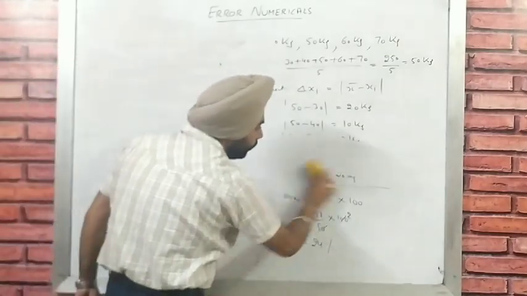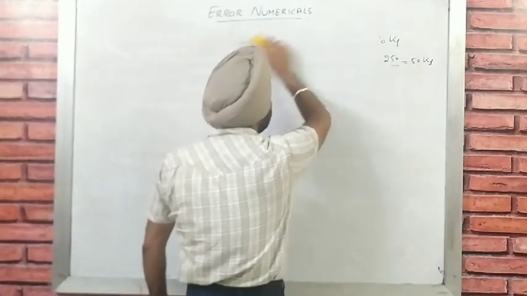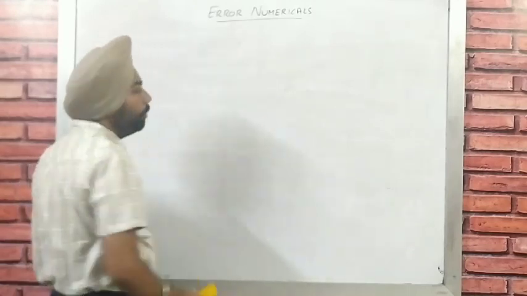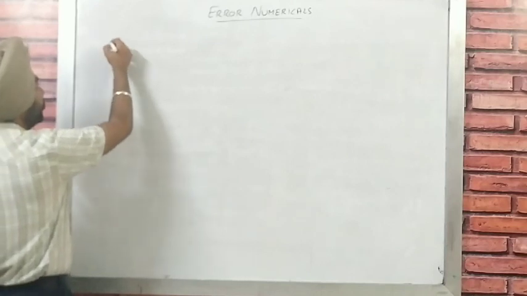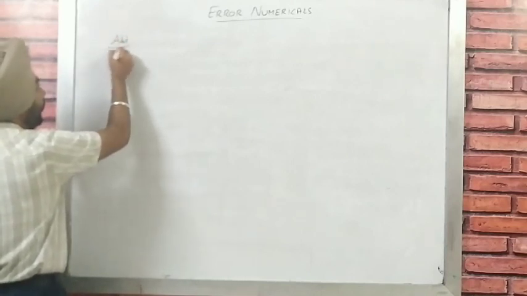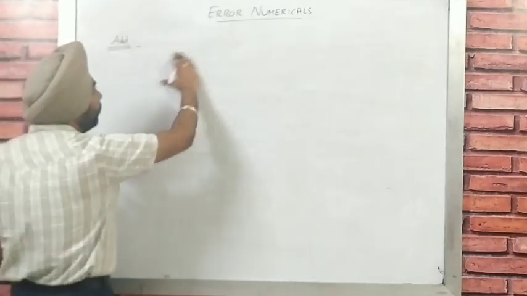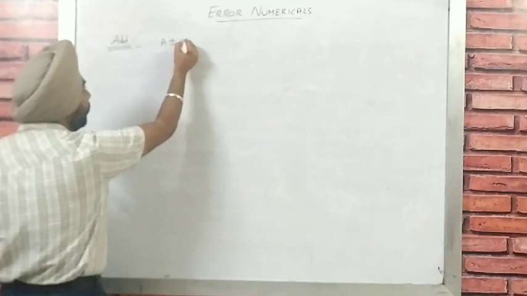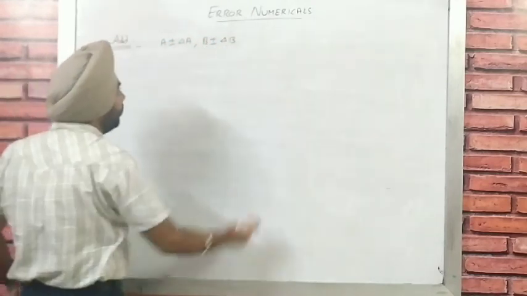Now we are going to discuss the addition of errors in the combination of errors. Now this is going to be very simple for you. Now if we have a sum where adding has to be done, let's say any values, so I am just taking simple values a plus minus delta a and b plus minus delta b.